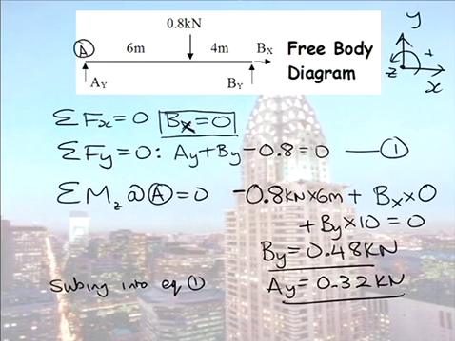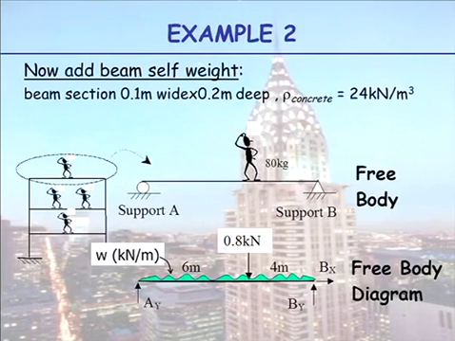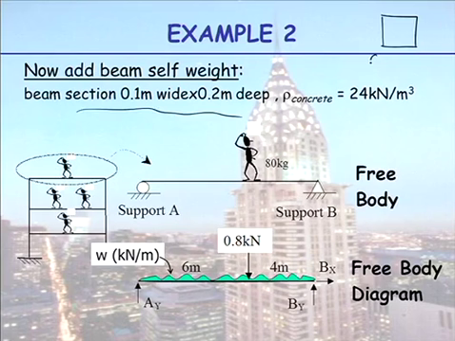Let's now have our man sitting on the floor, and now we're including the weight of the floor. So it's actually a beam, it's not a floor. In terms of the cross-sectional area, here is my cross-section.